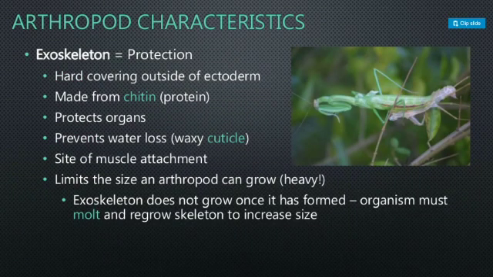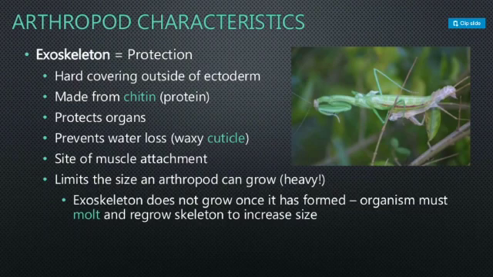Now you are watching another body character of the arthropods, that is the presence of exoskeleton. Exoskeleton is a hard covering outside the ectoderm. It is made up of chitin. It not only protects the organs but also prevents water loss due to the presence of a waxy cuticle, and it is also the site for muscle attachment.